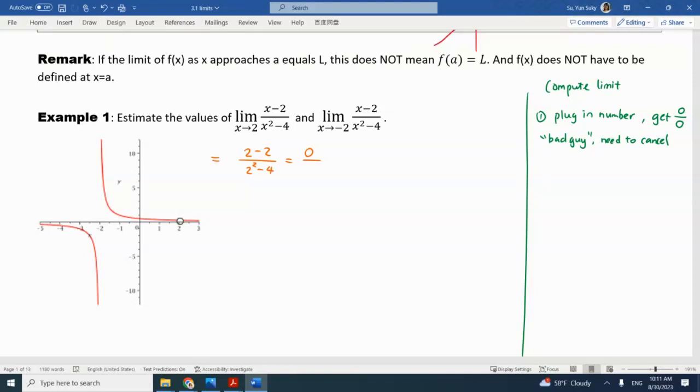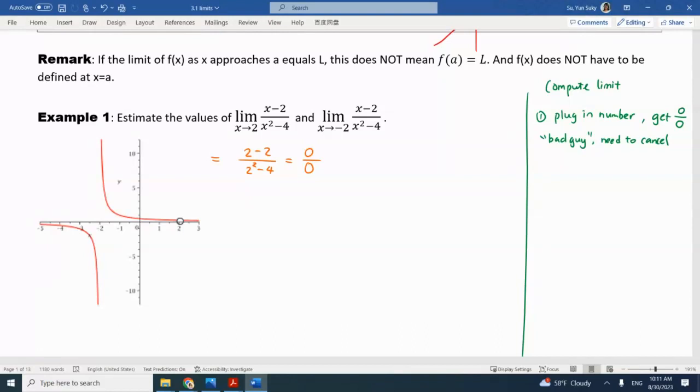And the denominator, what is 2 squared? 4. 4 minus 4 is also 0. You know, 0 cannot be in the denominator. It's not defined. So 0 over 0, what's that? So this is not good.